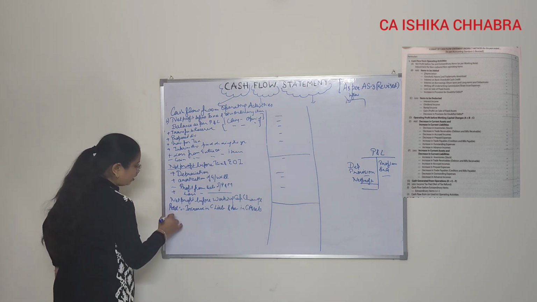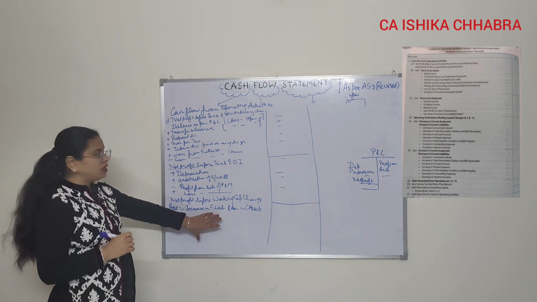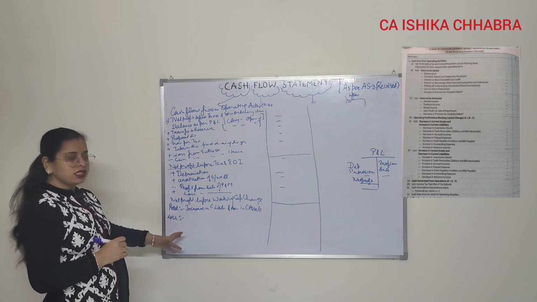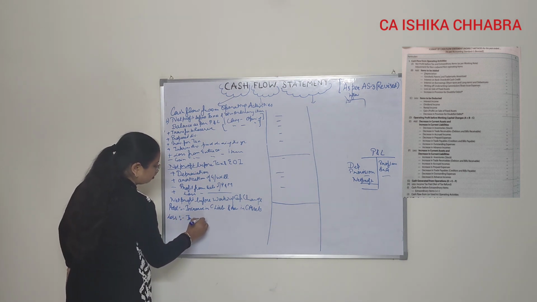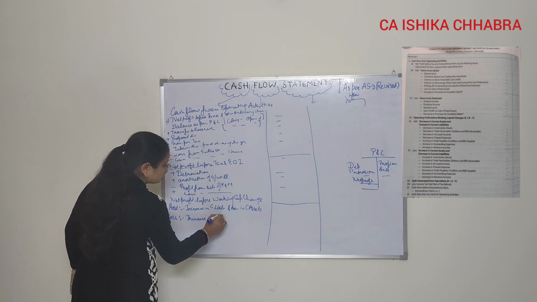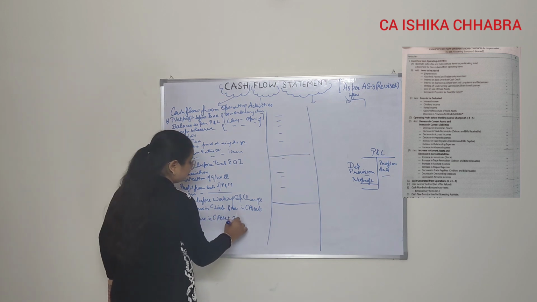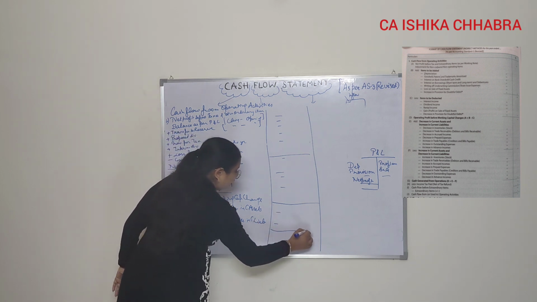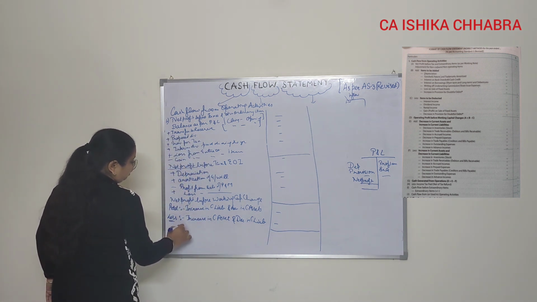And vice versa: when increase becomes decrease and decrease becomes increase, the sign changes. Increase in current assets will be subtracted, and so will decrease in current liabilities. Then you will get the profit after working capital changes.